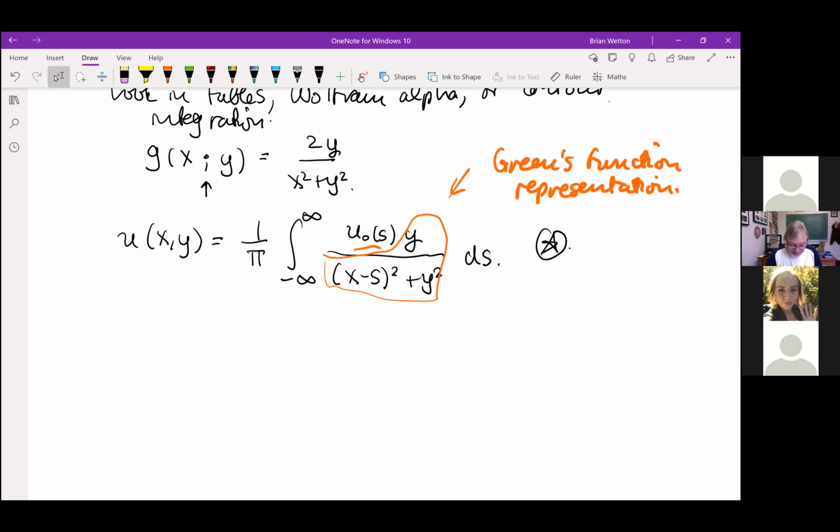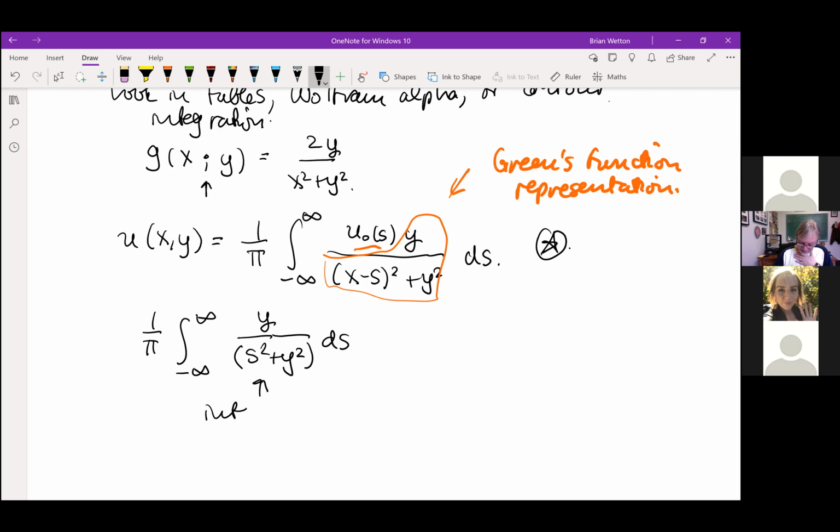And it's actually got some nice properties. If you look at this weight, this integrand is a positive function.